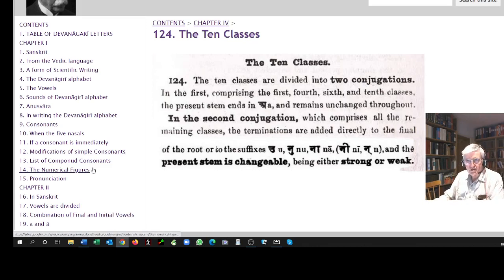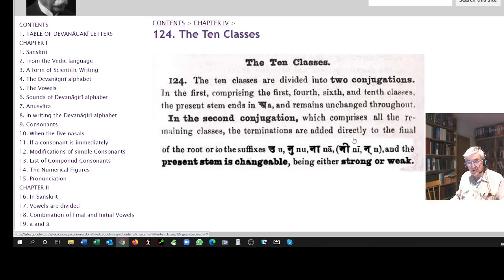What really is meant here is that there are 4 of these classes, numbers 1, 4, 6, and 10, which all have an a at the end of the stem before the conjugational ending is added. And in what is loosely called the second conjugation, it's everything else.